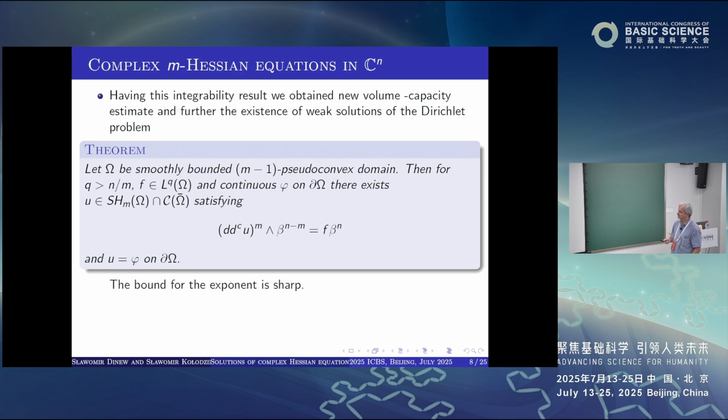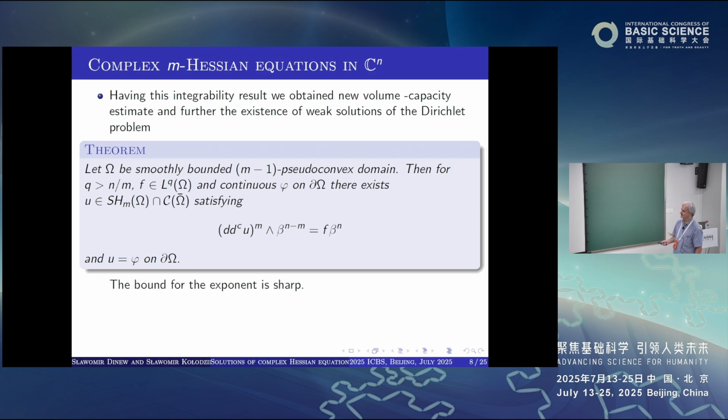But this weaker result was enough to obtain a certain volume-capacity estimate, which enabled us to find the existence of weak solutions to the Dirichlet problem when the right-hand side is in L^q for q satisfying this inequality. Then, again, you consider a smoothly bounded (m-1)-pseudo-convex domain.